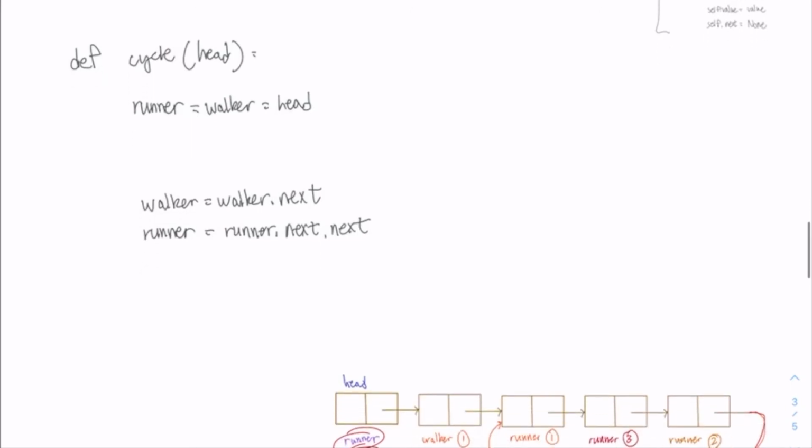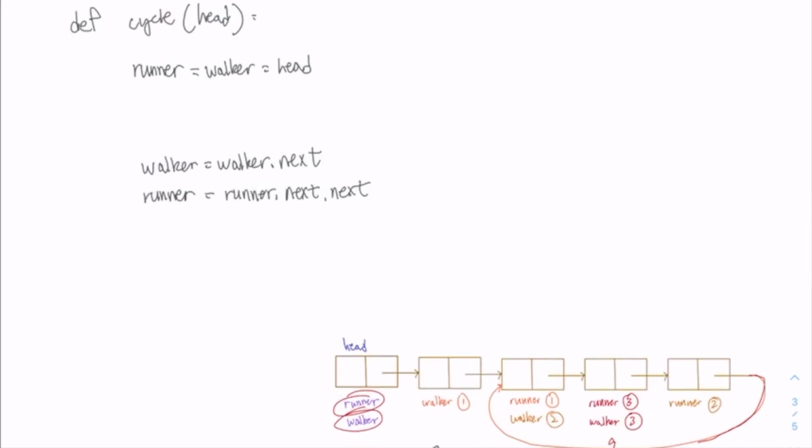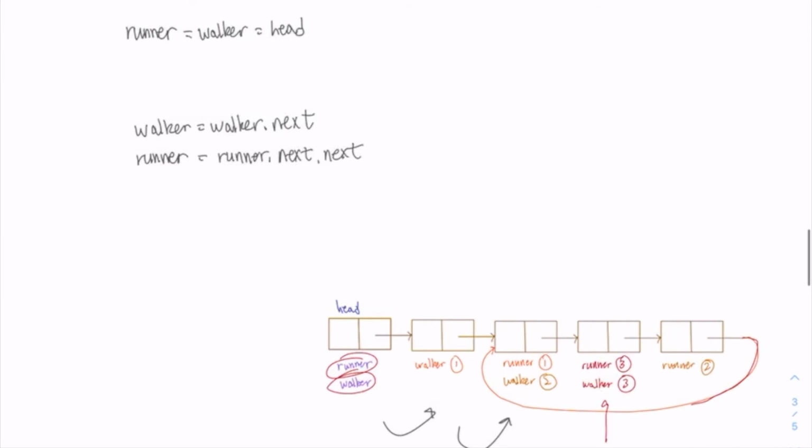Okay, so now that we have the iterator variables declared, we have to put an if statement that deals with the condition where runner and walker are at the same node, at the same place at the same time. So we have to do it like so. If walker is equal to runner, return true.